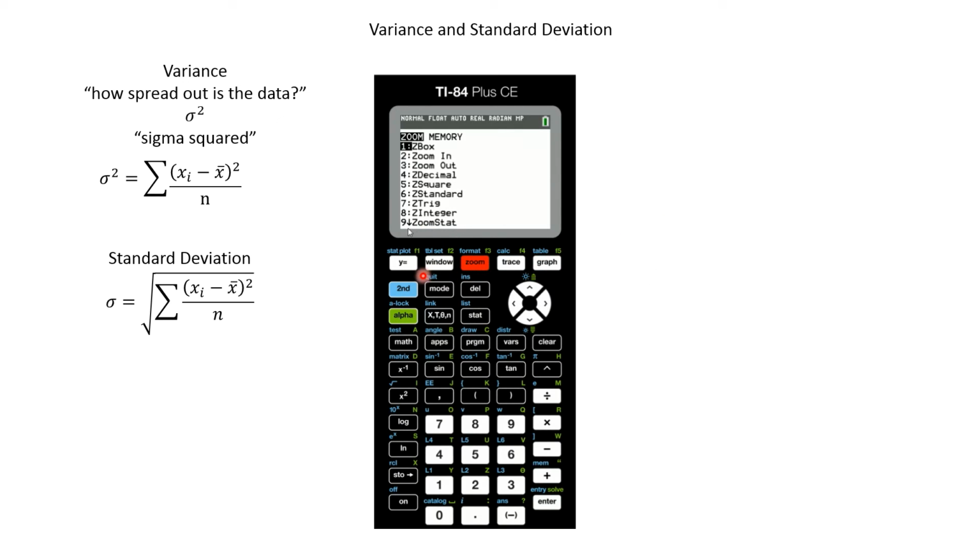So ZoomStat, just like we always have, and look, there's our box and whisker plot. Notice it's up off of the axis. And so we can graph a box and whisker plot on our graphing calculator, but seriously, it's easier just to do it by hand.